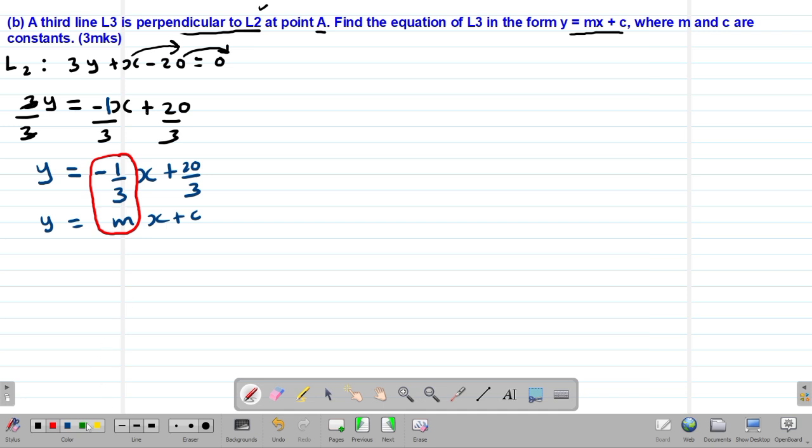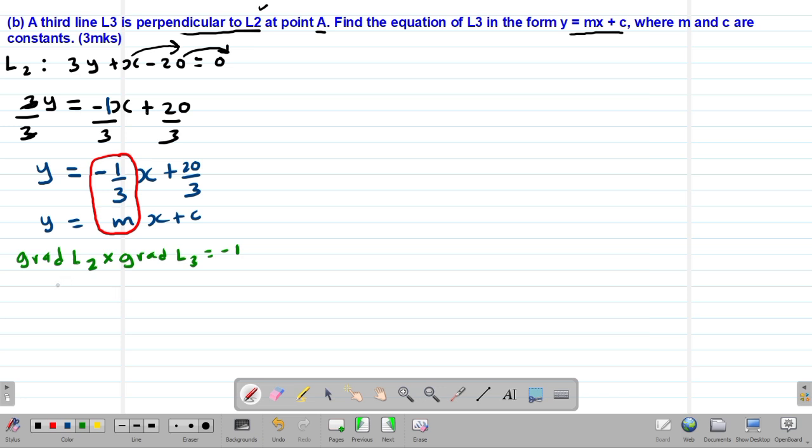-1/3. So because we are told that the two lines are perpendicular to each other, and we know that for any given pair of perpendicular lines, the product of their gradients should be -1. Therefore, I'll say that the gradient of L2 multiplied by the gradient of L3 should give me -1.